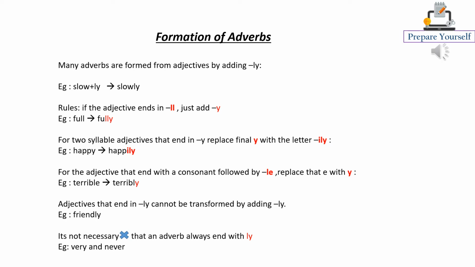For example, in the third example, we can see there are 2 syllables. What are 2 syllables? When we have 2 same alphabets, it is called double letters. For example, double N, double O, double P, double E. Now here the word is happy, HAPPY. For a 2 syllable adjective that ends with Y, you replace Y with ILY.